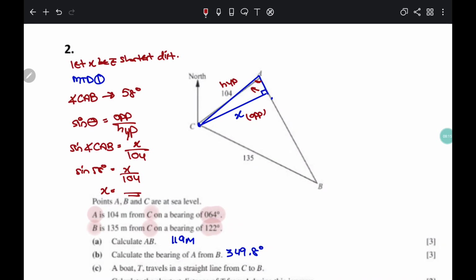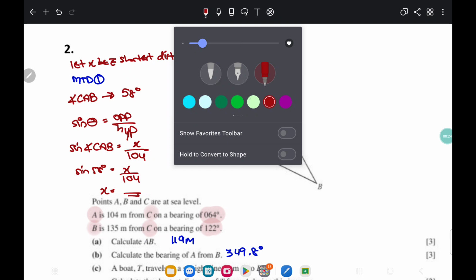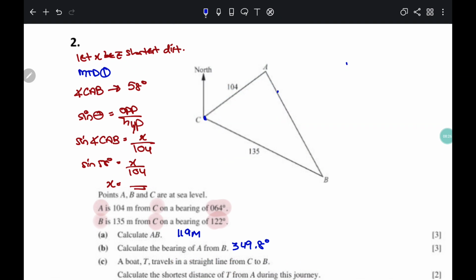Now method 2, you use the area of triangle method. How to find area of triangle? There are two ways. First, I already have these two lengths and I already have the angle just now.